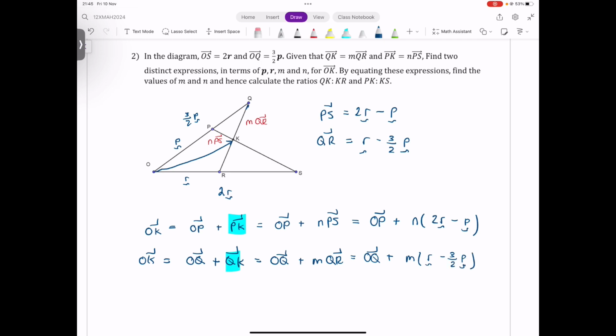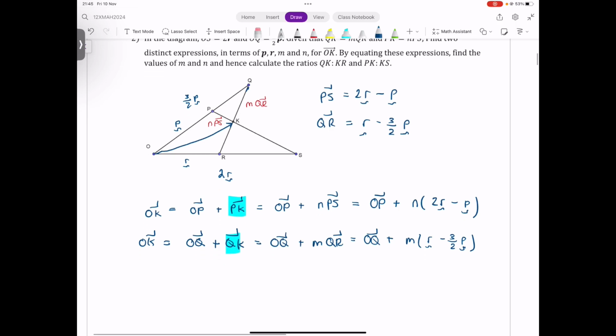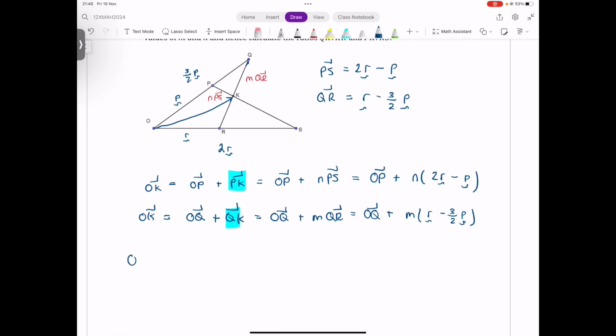Right, we're almost there. We're going to get rid of our OPs now, our OP and our OQ. So OK, just having a look at the first expression, OK is equal to, now OP is the vector P. So we've got that there, plus N times 2R minus P. That's one expression. Now a second expression.